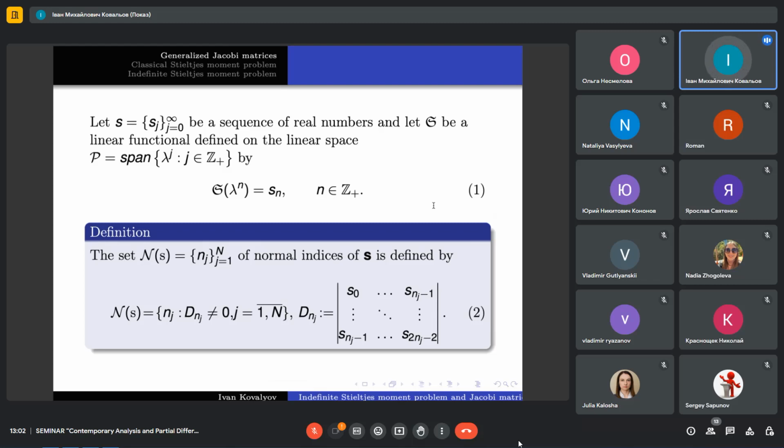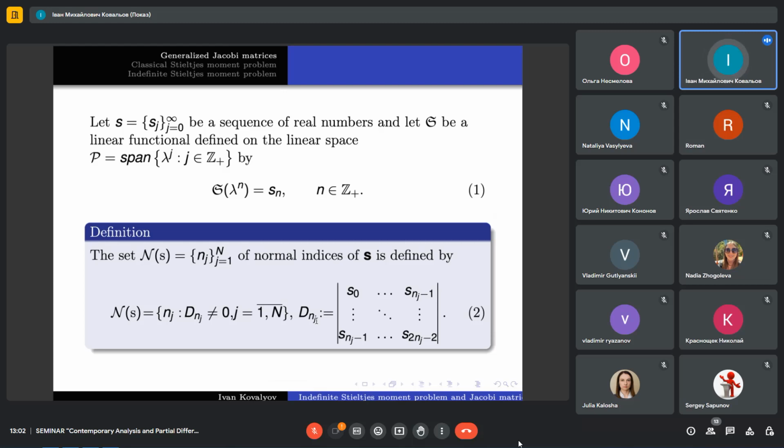The next term is the main notion of our theory: the set of normal indices, N of s. N of s is called the set of normal indices of the sequence s, and it is defined by formula 2, where D_j are Hankel determinants.